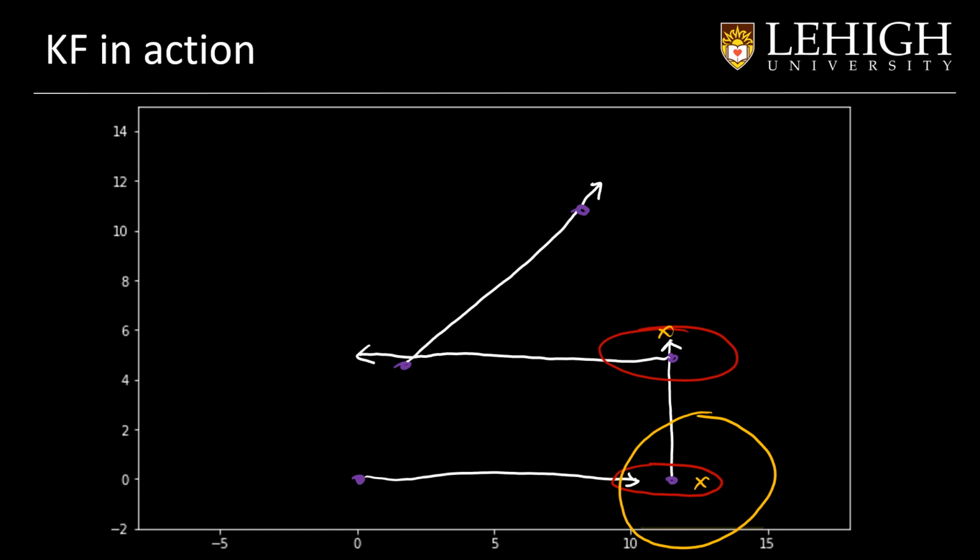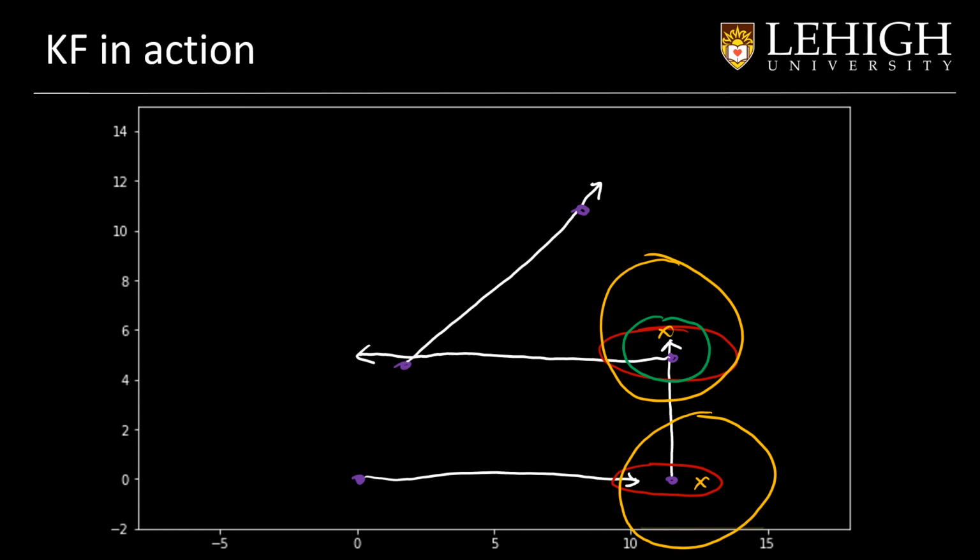This will be the error, and if we apply the Kalman filter, what we will obtain is that our estimation will give a location around this area, and that's based on the covariance matrix.